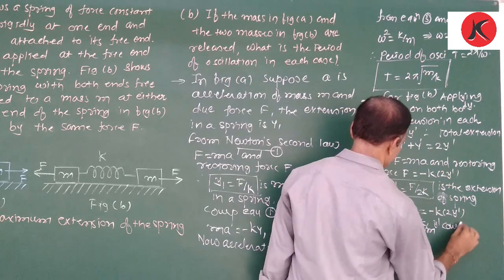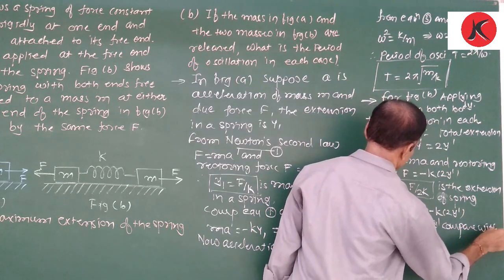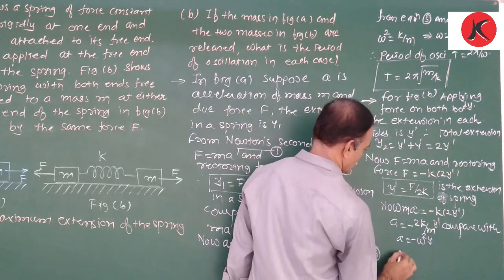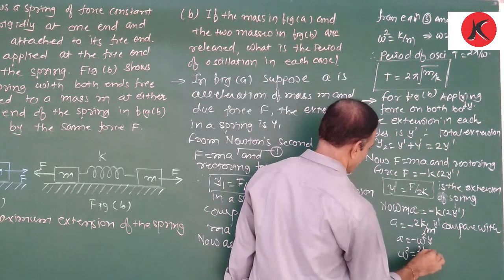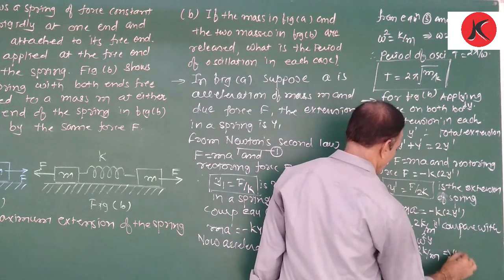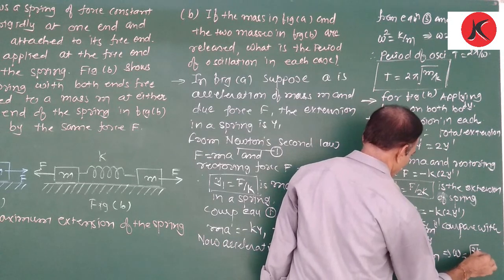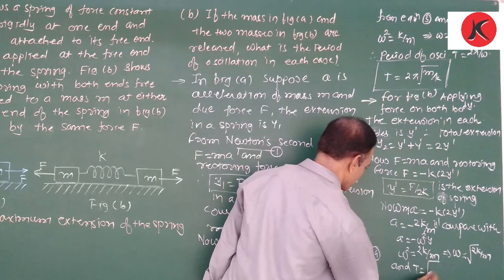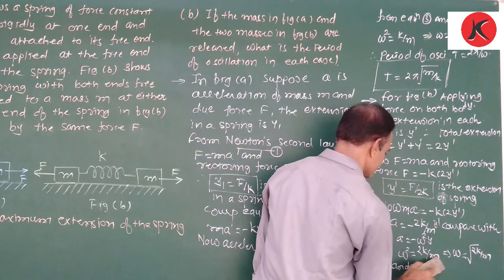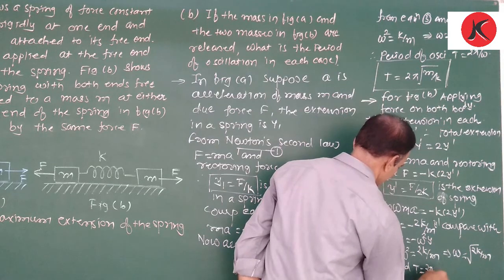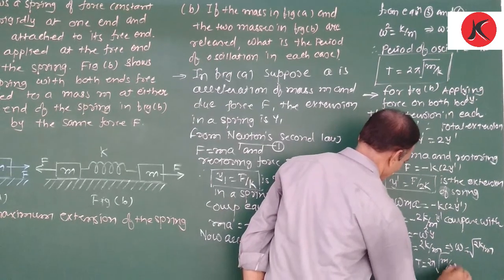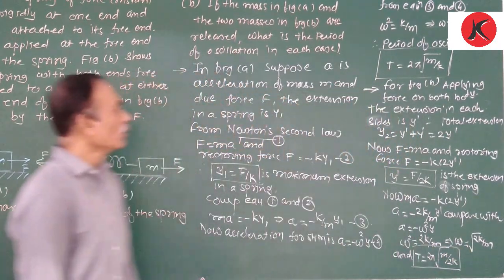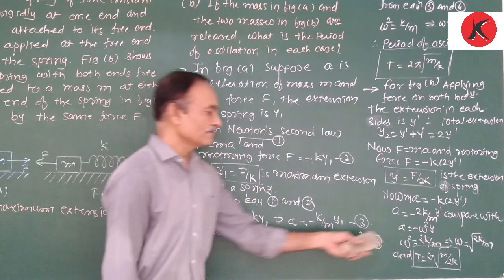Compare with a is equal to minus omega square y. Therefore, omega square is equal to 2k upon m, and omega is equal to under root of 2k upon m. And periodic time T is equal to 2 pi under root of m upon 2k. That is the period of oscillation of both bodies in figure B.